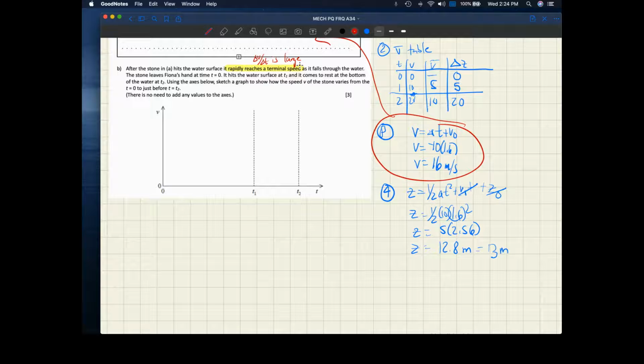So it leaves her hand at time equals 0, hits the water at t1, and at t2 it lands on the bottom. And so we want to sketch how the speed varies from t equals 0 to t2. So this is a good time for us to pause and do our origin, axes, intercepts, reading, slope, area.